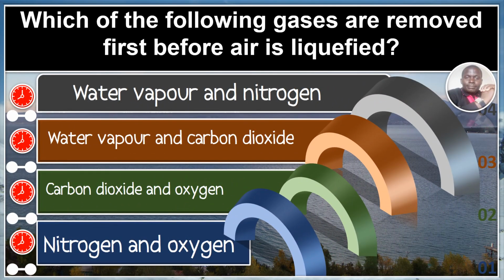Which of the following gases are removed first before air is liquefied? Water vapor and carbon dioxide.